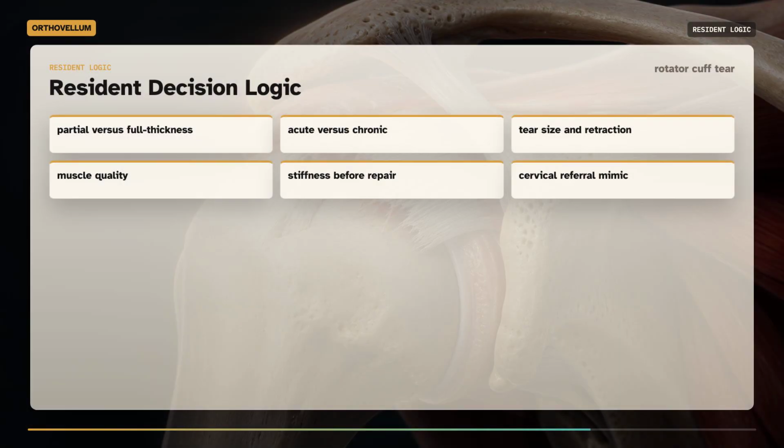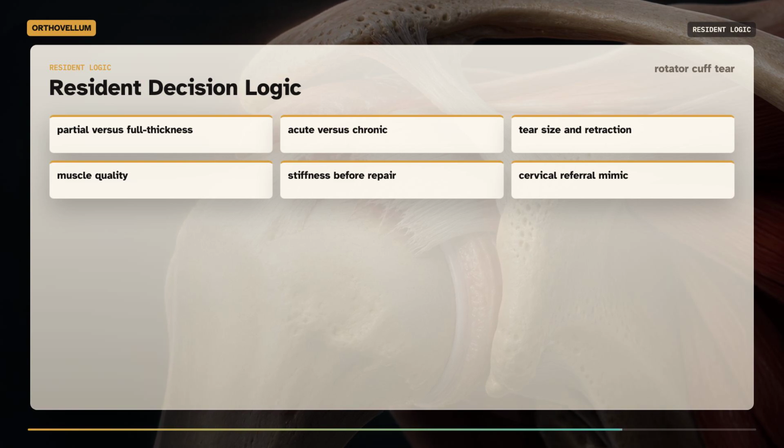Resident-level pearls: partial versus full thickness, acute versus chronic, tear size and retraction, muscle quality, stiffness before repair, cervical referral mimic. Always name the differential diagnosis before falling in love with the first diagnosis. Always ask whether the proposed treatment matches the biology, the mechanics, the time course, and the person in front of you.